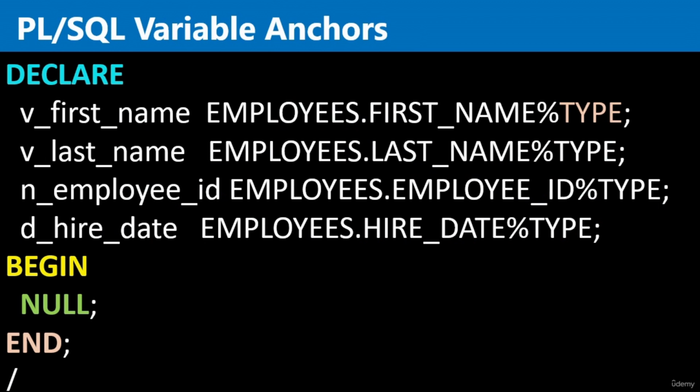So in the example here, where we have v_first_name, if the data type in the database changes, this will automatically also change. By having the %TYPE here, it means that anytime the data type changes in the column inside the database, it will also automatically change here.